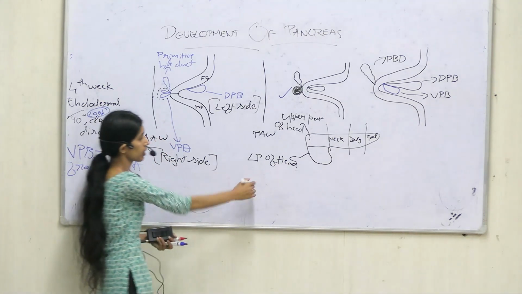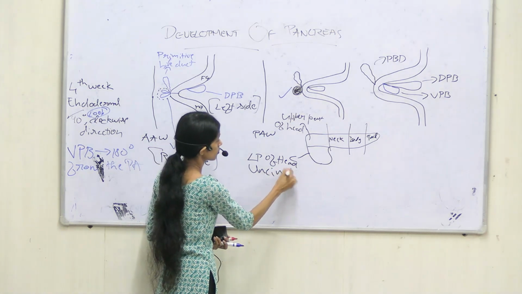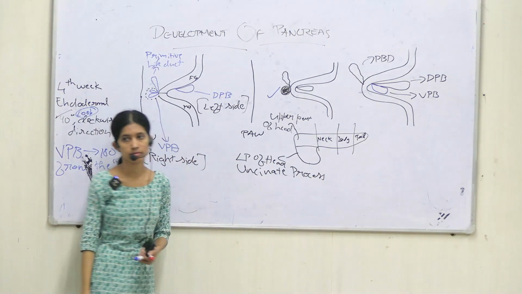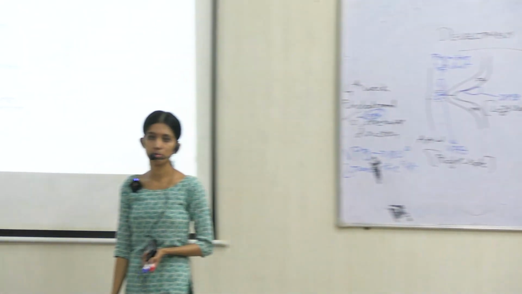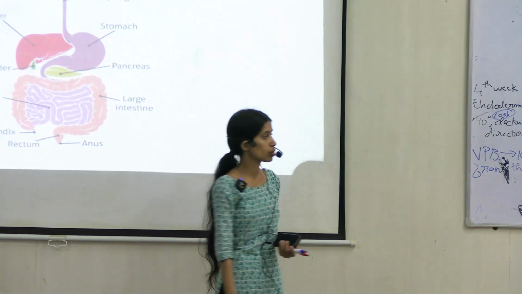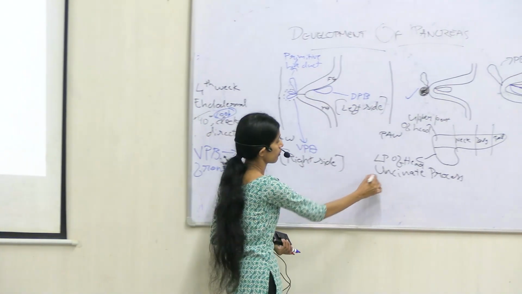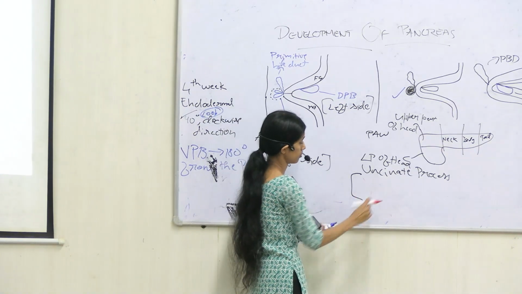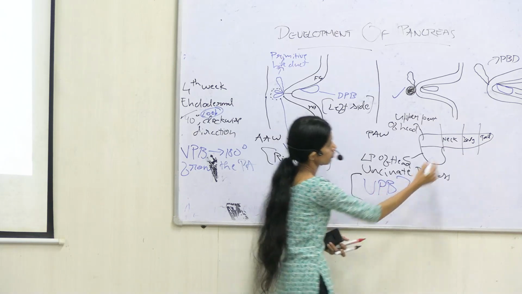In the lower area, we can also see one more structure called the uncinate process. These are the parts of the adult pancreas. The lower part of the head and the uncinate process develop from the ventral pancreatic bud, from this part.